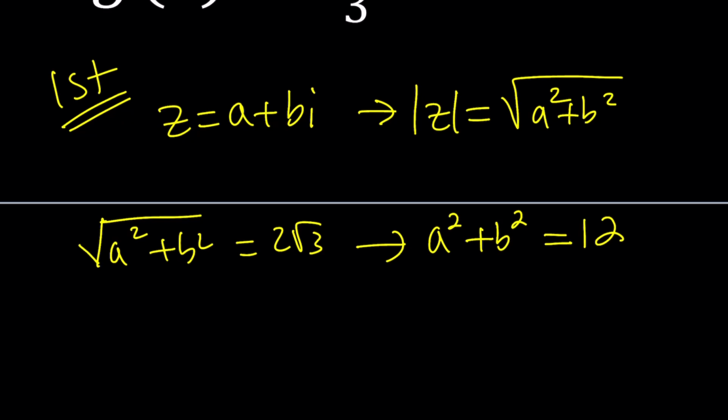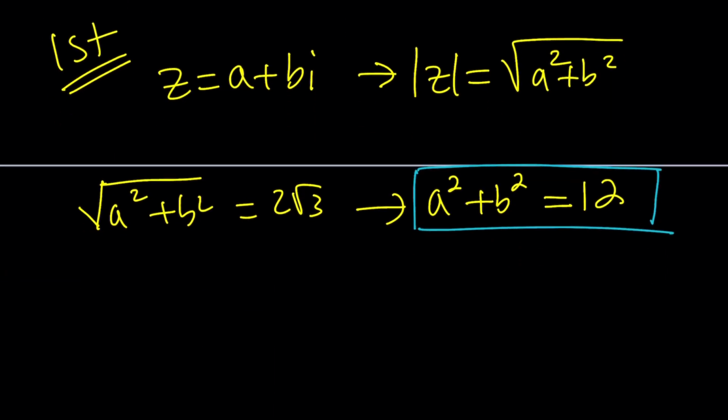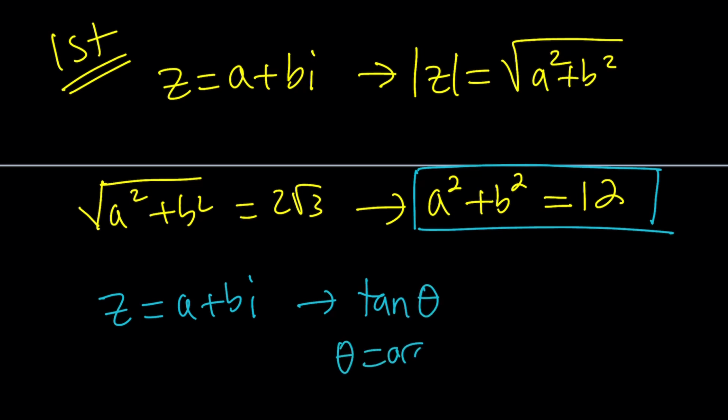I do need another equation to be able to solve for a and b. And that comes from the argument. But when you think about an argument, what is that supposed to mean? So if z is equal to a plus bi, then obviously the argument of z is going to be the angle whose tangent of theta, and in this case theta is the argument of z, is going to be b over a.